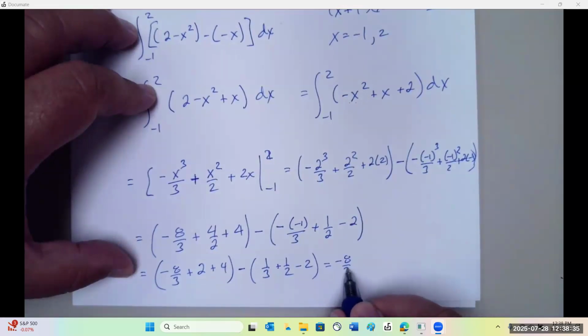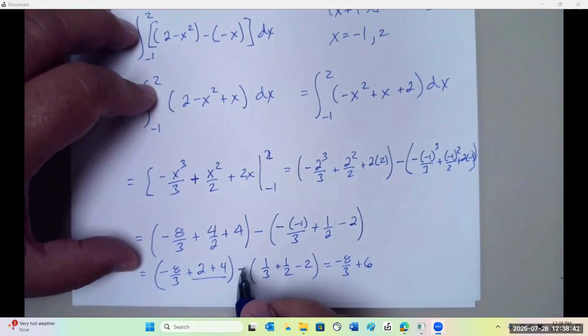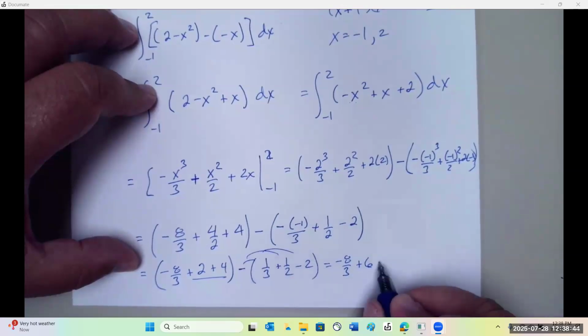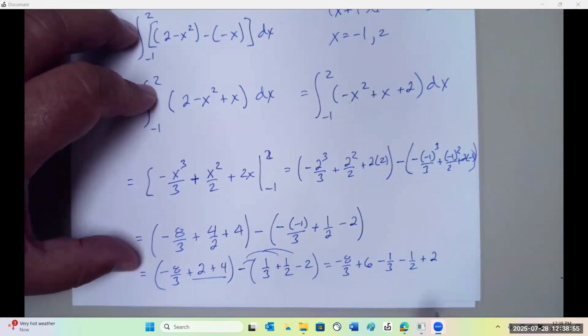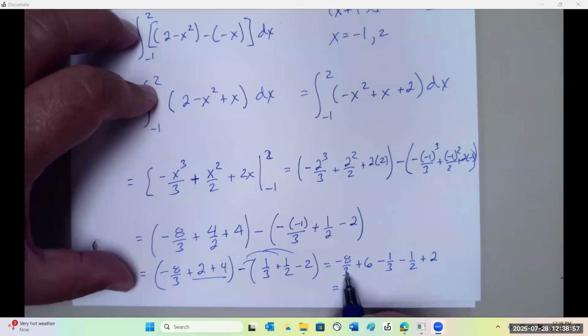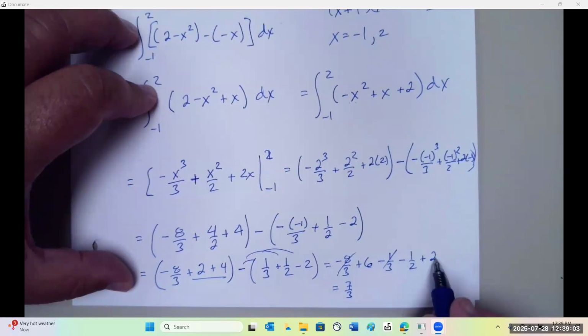Negative 8 over 3 plus 6. Combine those two. Distribute that. Minus 1/3 minus 1/2 plus 2. 8/3 minus 1/3 is 7/3. 6 plus 2 is 8 minus 1/2.